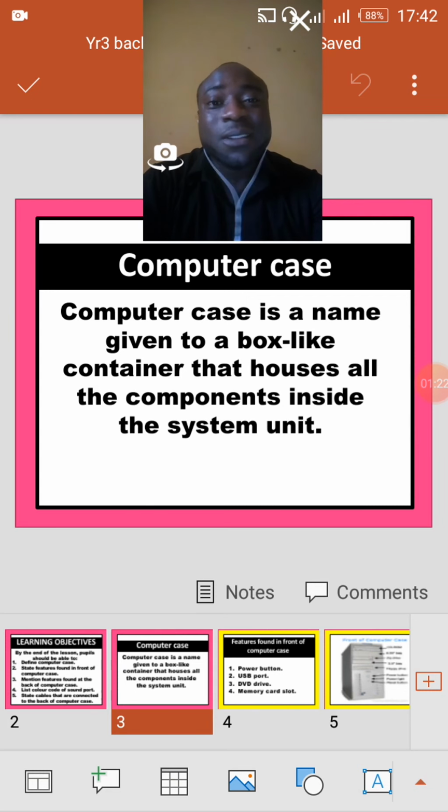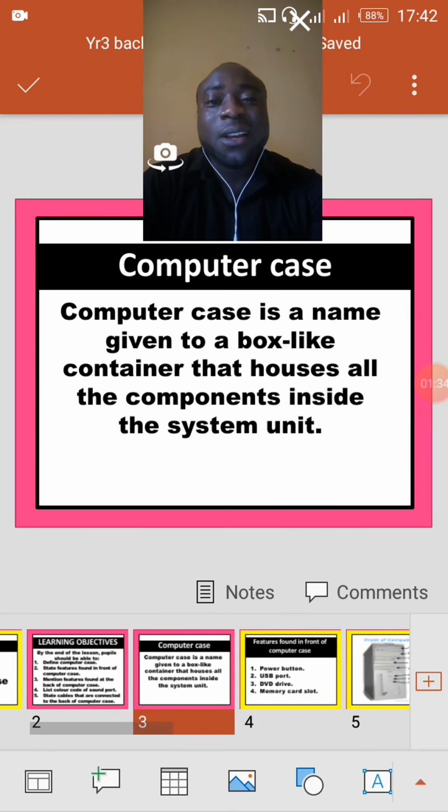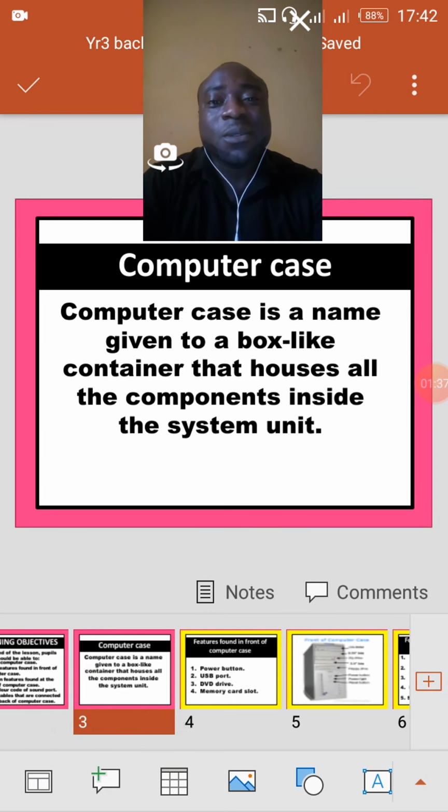Now friends, what do we mean by computer case? Remember I said it is the system unit of the computer system. Some people call it chassis, but for a simple understanding we call it computer case. Computer case is a name given to a box-like container that houses all the components inside the system unit.